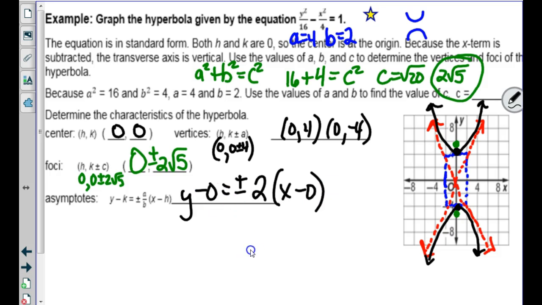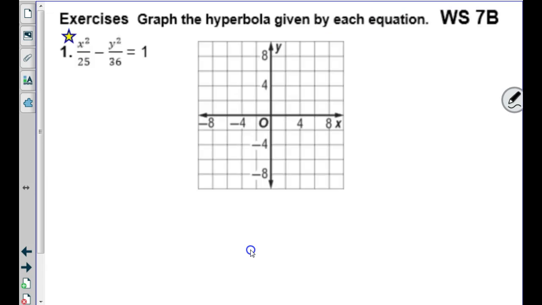Not too bad? Okay, all that's going to change is the center isn't going to be 0, 0 anymore. So it's a little more work. Oh, we have one more that's 0, 0. Oh, what's different? We can do this one real fast. Yeah, the x is first, so it's going to open left and right. Is a 6?